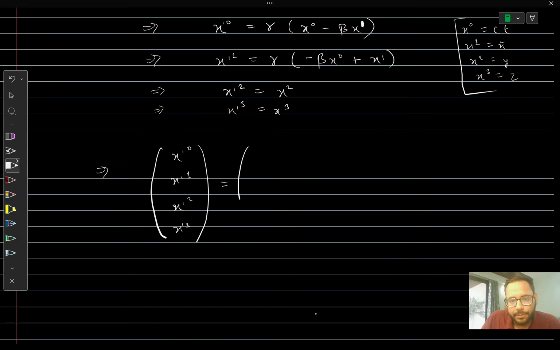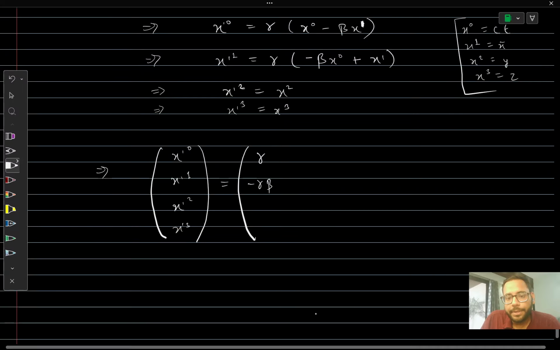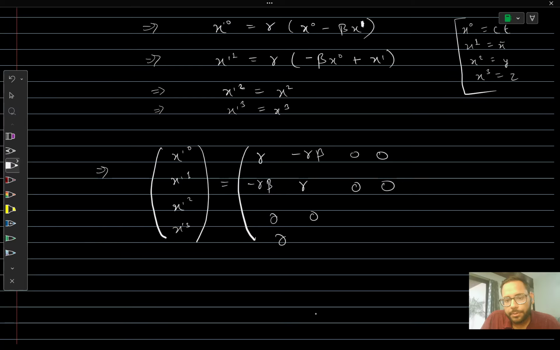Let me write it, then I will introduce the same thing. Here it will be gamma, gamma beta, minus gamma beta, gamma, 0 0 0 0 0 1 1.